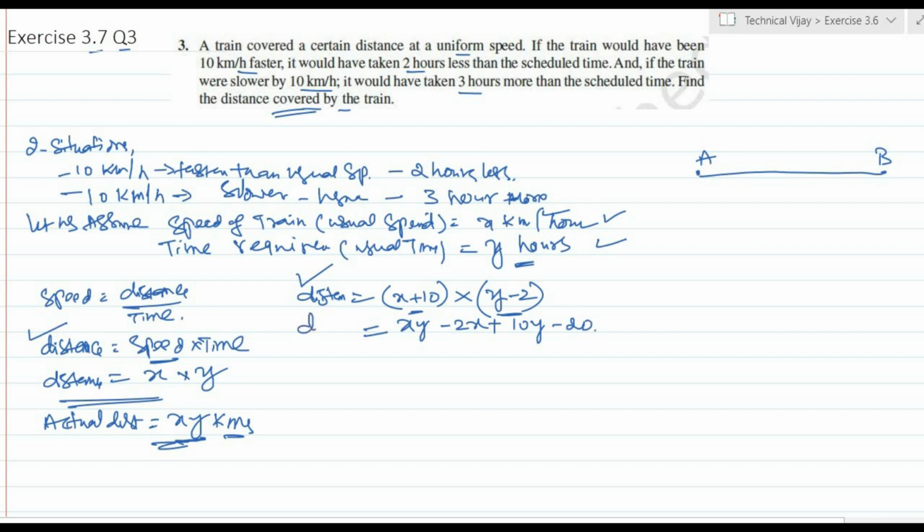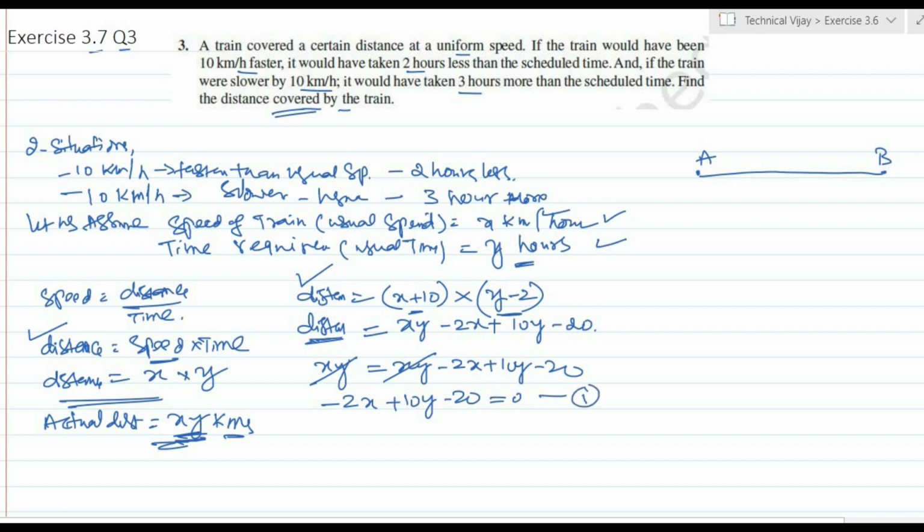This distance is nothing but xy, so I substitute: xy is equal to xy minus 2x plus 10y minus 20. The xy gets cancelled, so minus 2x plus 10y minus 20 equals 0. This is one equation.